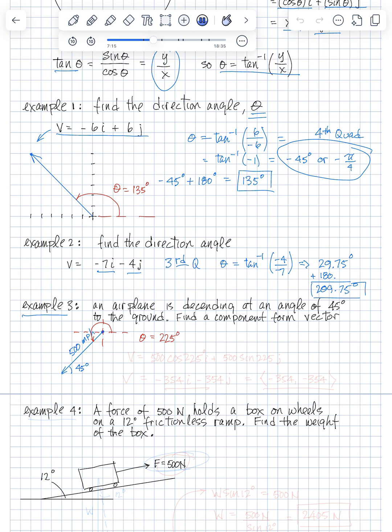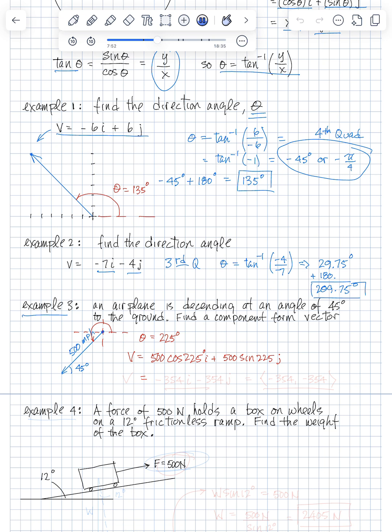So now putting this in the component form, v is going to be equal to 500 cosine 225 in the i direction, plus 500 sine 225 j. So you put these into your calculator.